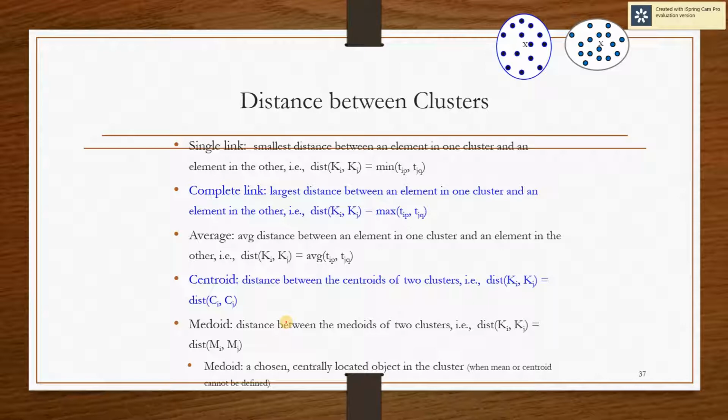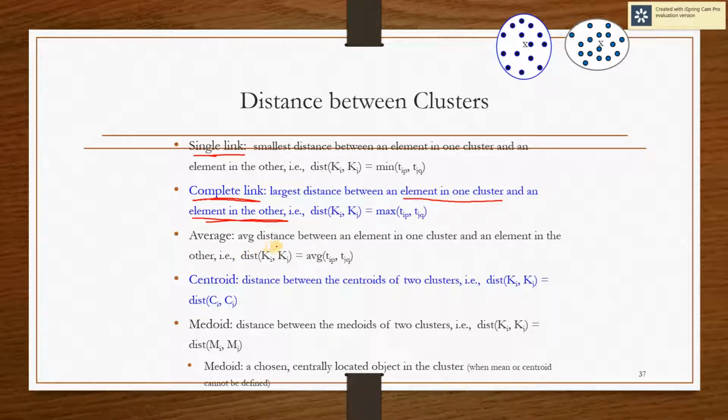When we talk about the distance between clusters, if it is single link, it means you have the smallest distance between an element in one cluster and an element in another cluster. If the clusters have complete link, it means the largest distance between an element in one cluster and an element in another cluster.